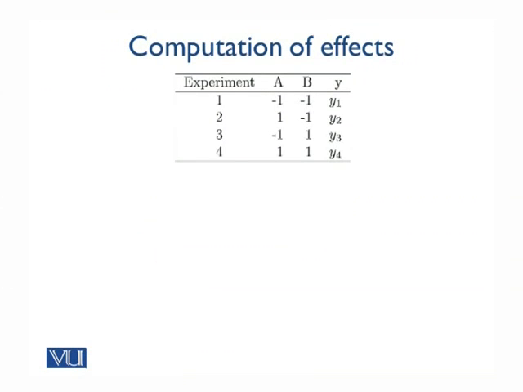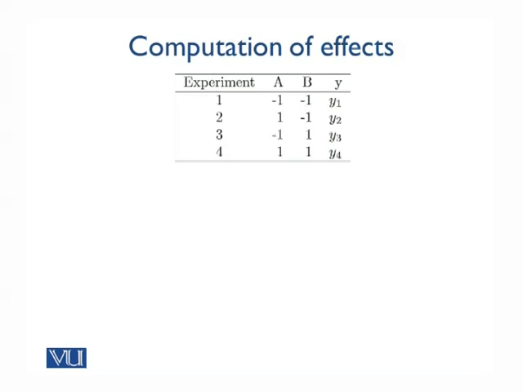So the computation of effects, as was shown in the previous slide, is now seen in a different context, and we see how we actually go about calculating the effects in a simple manner, because we do not want to solve 4 equations every time.